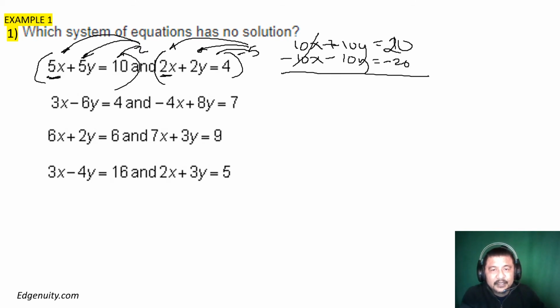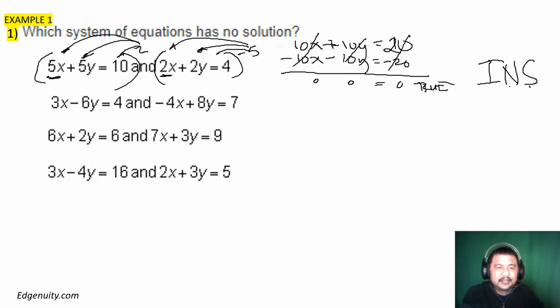That cancels out 0. That cancels out 0. That cancels out 0. Is 0 equal to 0? That's true. So what do we learn about that? There is an infinite number of solutions.